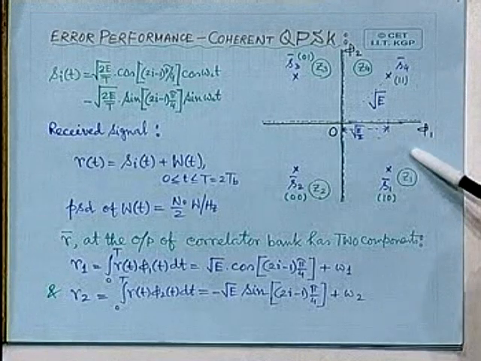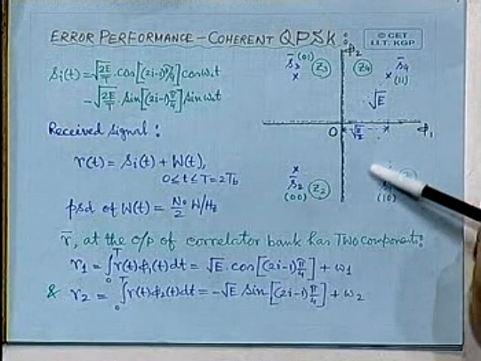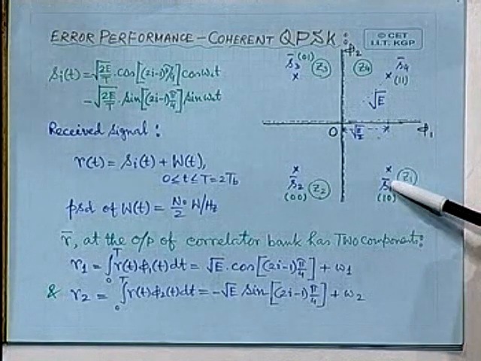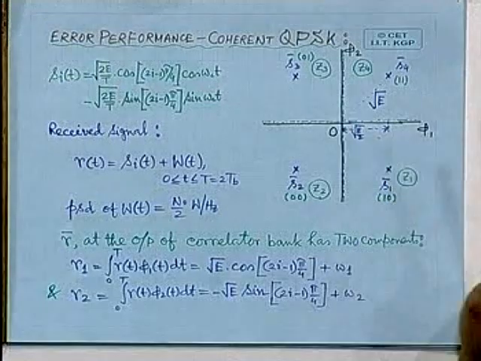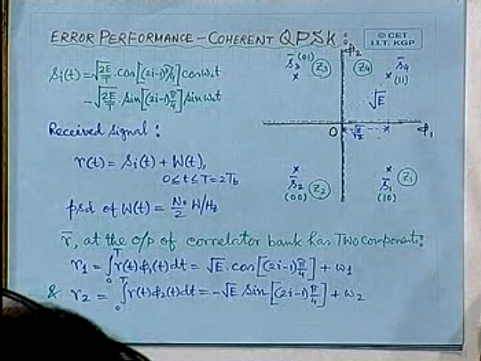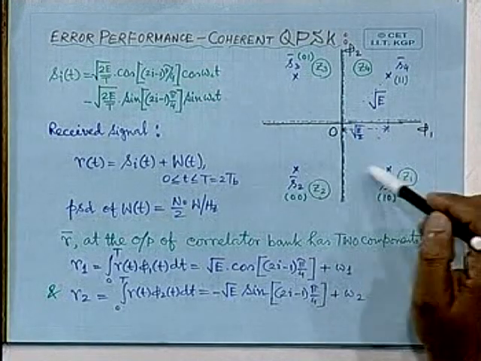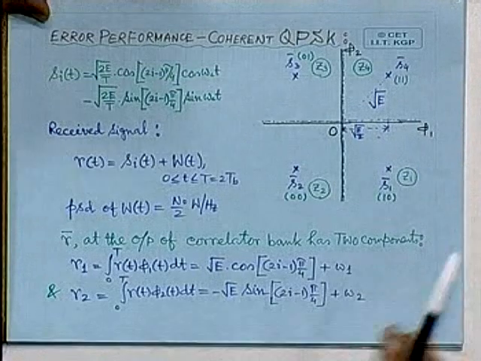This quadrant is the decision zone for the first symbol or signal, which is signal vector S1 bar. This is the decision zone for the second signal S2(t), or the corresponding signal vector S2 bar. Similarly, this is the decision zone for the third symbol, this is the decision zone for the fourth symbol. The decision zones are very regular for QPSK.